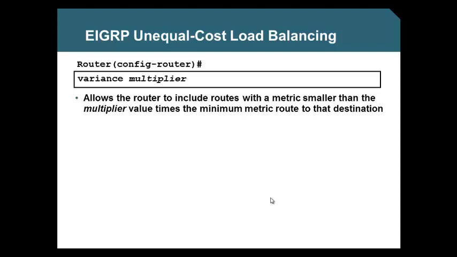This is the command by which we can set the variance value, the multiplier value. This allows the router to include the routes with metrics smaller than the multiplier value times the minimum metric route to the destination.